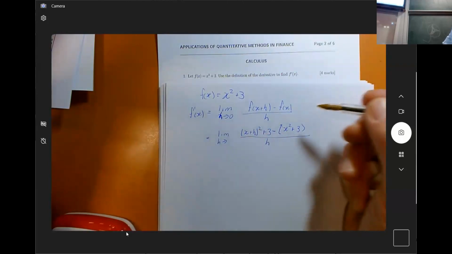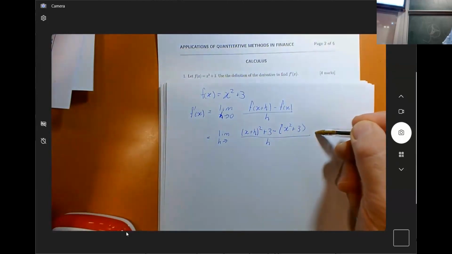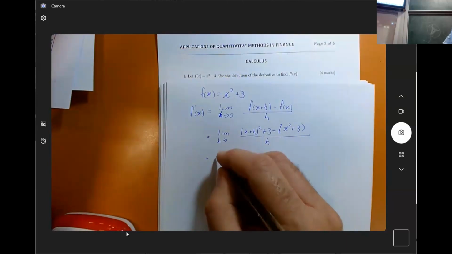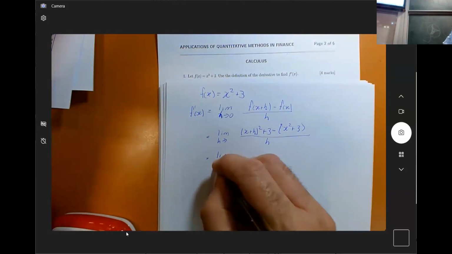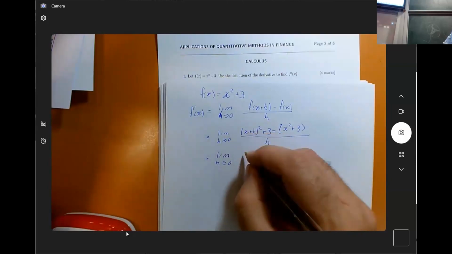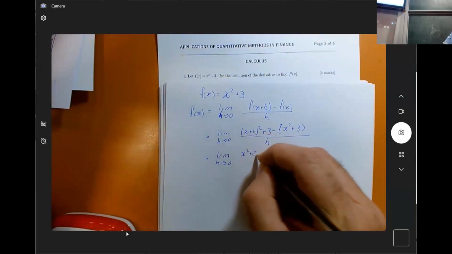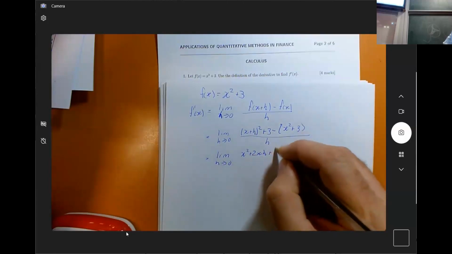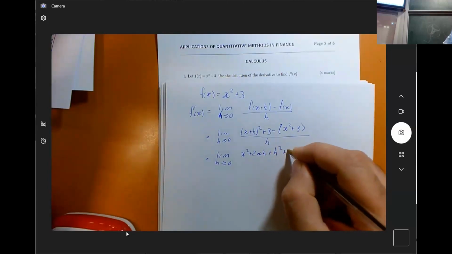So if you think about it, I needed to do this and I needed to do this. The next couple of steps of algebra, you need to show what you've done. If I expand this out, I'm going to get x squared plus 2xh plus h squared, plus 3.